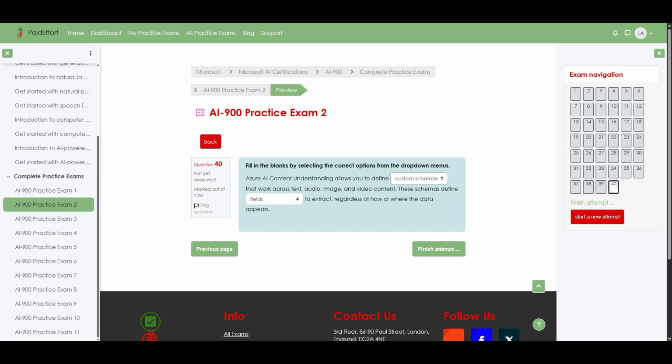Similarly, OCR labels or file extensions are irrelevant in this context. They don't define what to extract. So in practice, if you're processing customer feedback from both emails and call transcripts, you can use the same schema to extract sentiment and names from both formats. That's the power of using custom schemas and clearly defined fields.